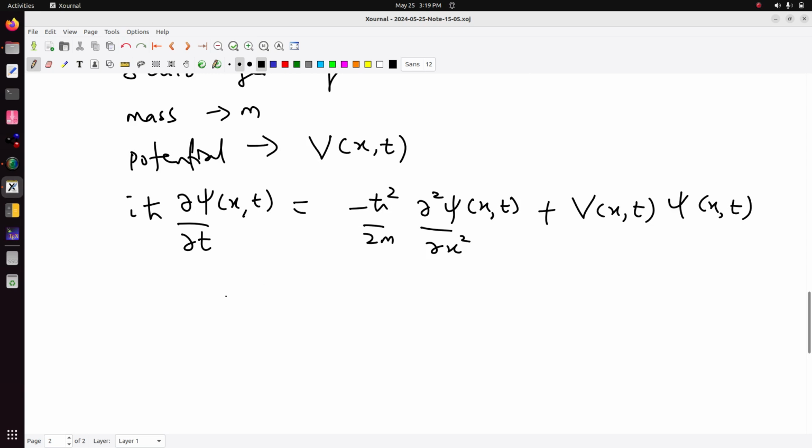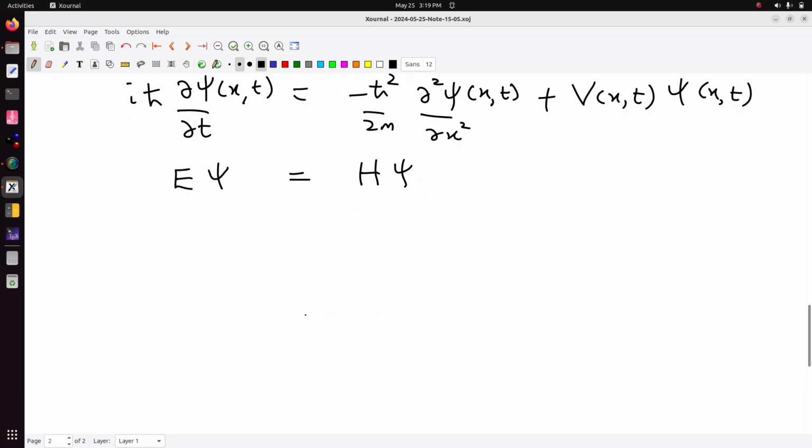This equation is actually the energy multiplied by the wave function equals the Hamiltonian multiplied by the wave function. The Hamiltonian is the kinetic energy plus potential energy. The potential energy here is V, and the kinetic energy here is minus h bar squared over 2m partial squared over partial x squared.